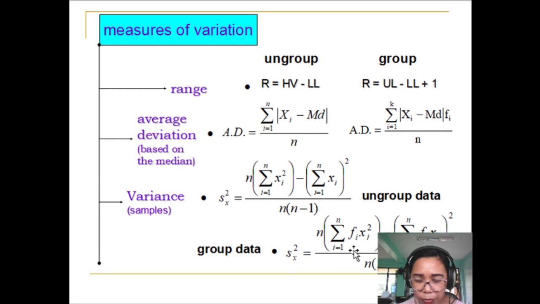For grouped data, we have n times the sum of the product of f sub i and x sub i squared, where x is our class mark, minus the sum of the product of frequency and its class mark, quantity raised to 2, all over n times n minus 1.